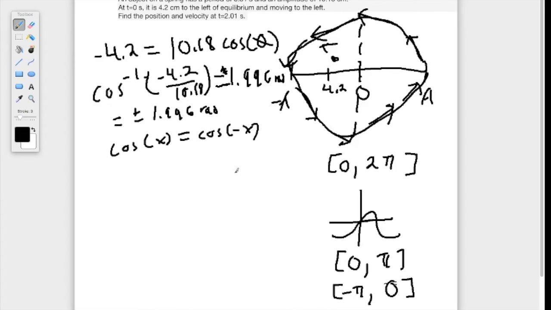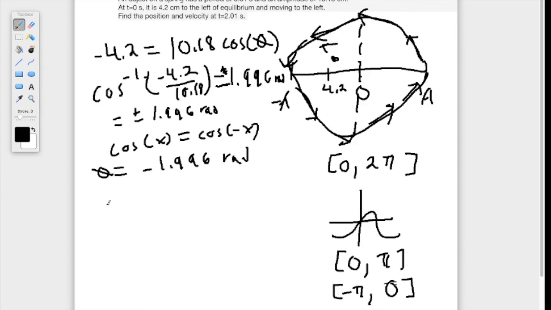So could it be either one? But in this case, we have to follow one of these domains. For this problem, we have to use negative pi to 0. So the phase constant that we're using this time is negative 1.996 radians.